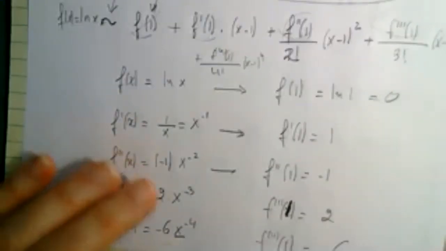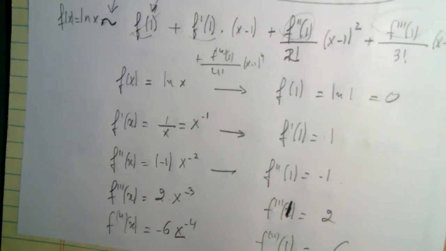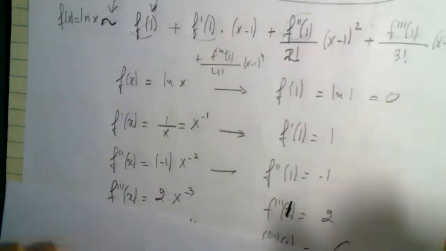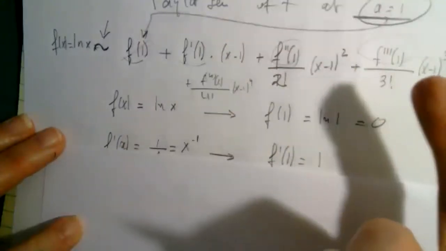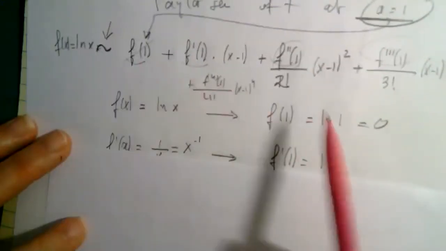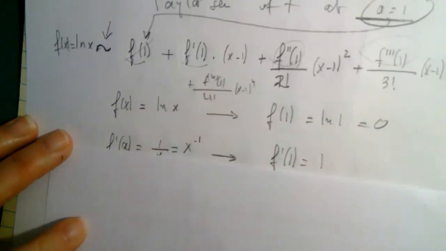Now I'm going to put the whole thing into one expression and we finalize it. So what are the first 4 terms of ln of x? Let's put them out. I only want the first non-zero terms, but I ended up with f of 1 being 0. That's why I pushed it to the 4th derivative.